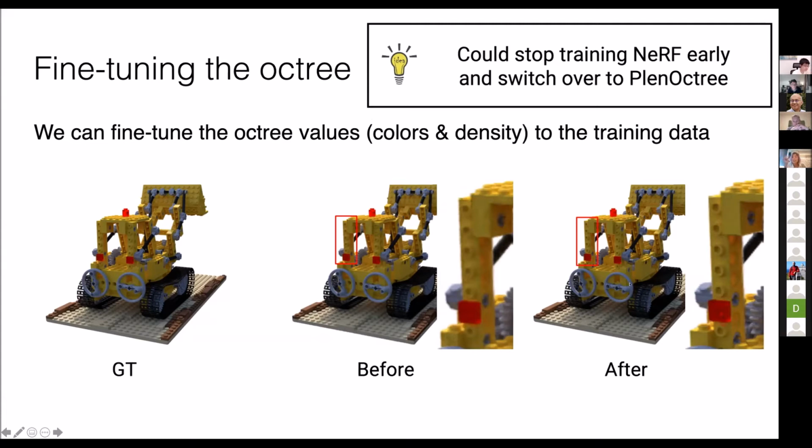And now you can directly optimize just the values of the coefficients. Okay, the structure is already set, so you don't change that. But you can do this, and then you can see a marginal improvement in the PSNR. Things get sharper. So this gives you this idea: you can actually stop training NeRF early and then switch over to PlenOctree, which allows you to train NeRF in a slightly faster way.